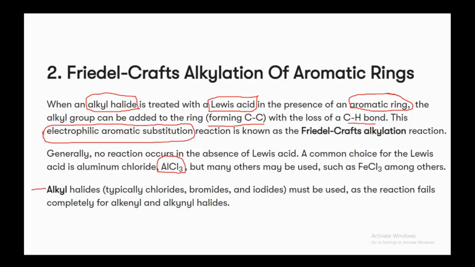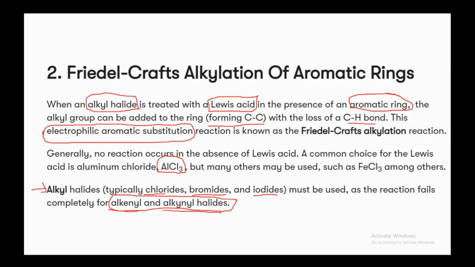Moreover, alkyl halides, typically chlorides, bromides, and iodides must be used, as the reaction fails completely for alkenyl and alkynyl halides. So we cannot use alkenyl or alkynyl halides for Friedel-Crafts alkylation. The alkyl halide must be a simple saturated alkyl halide.